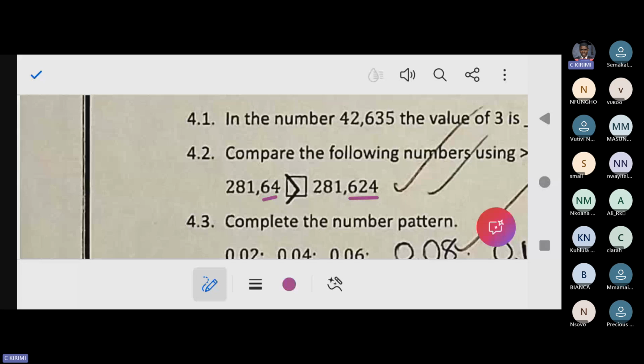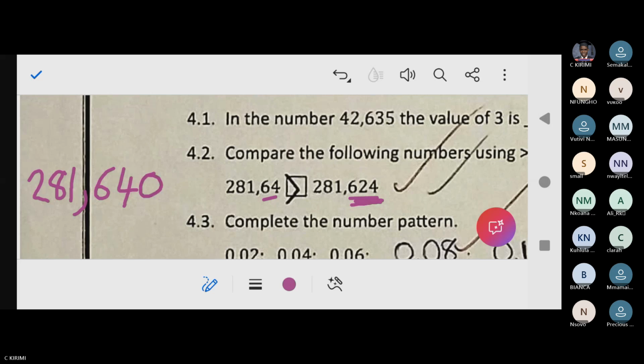So you use this method: 281,64. But because you don't have the other digit so that it can have the same dimension as the other one on the right, 3 decimals after the comma, you just add a 0 for this 64, so that it also has 3 decimals after the comma.